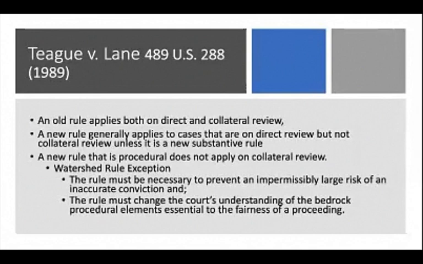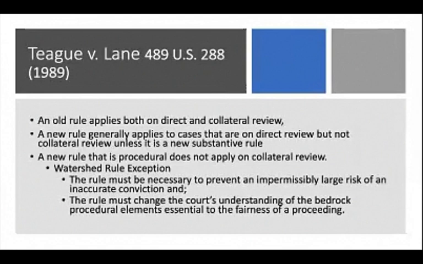And in Teague versus Lane, it set up the parameters upon which a Supreme Court decision would apply retroactively. So an old rule applies both on direct and collateral review. A new rule, such as the one here, that jury verdicts have to be unanimous, generally applies to cases that are on direct review, but not collateral review, habeas review, unless there's a substantive rule. Okay, so we have substantive rules and procedural rules.